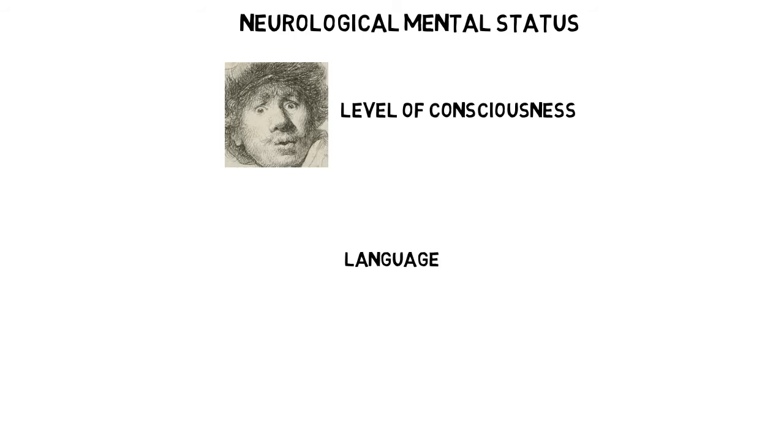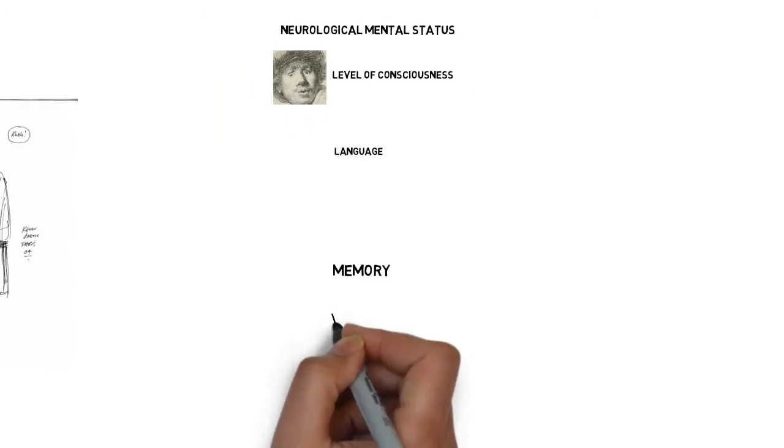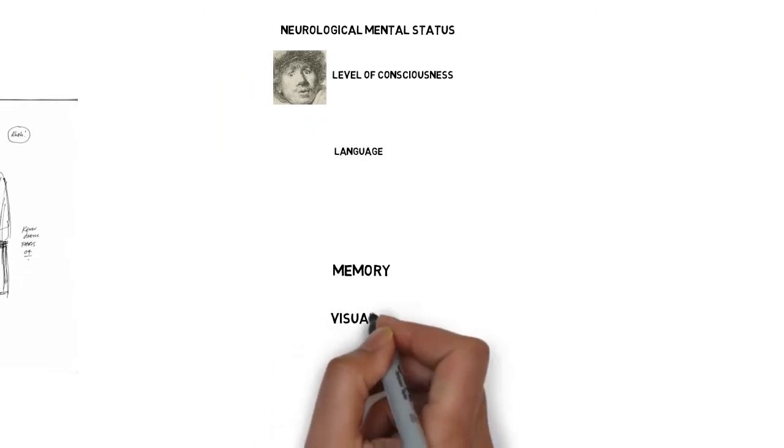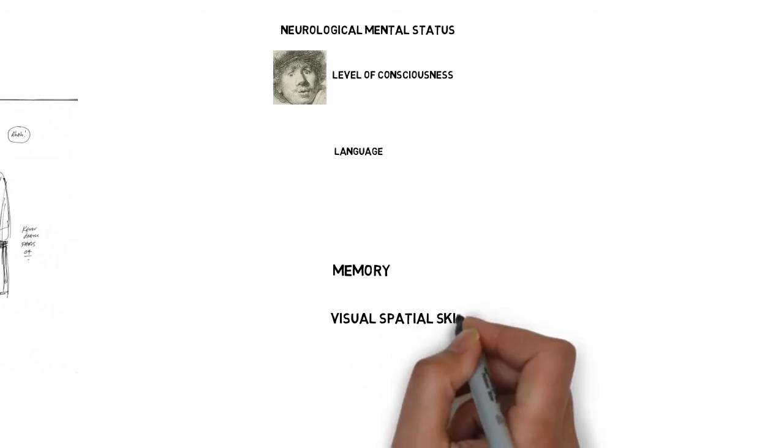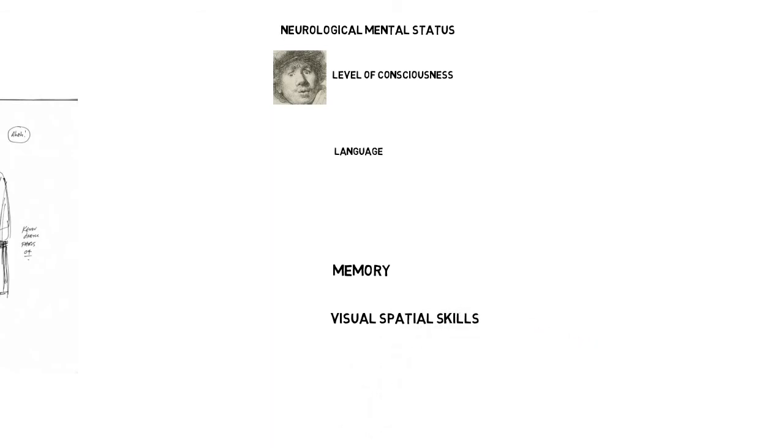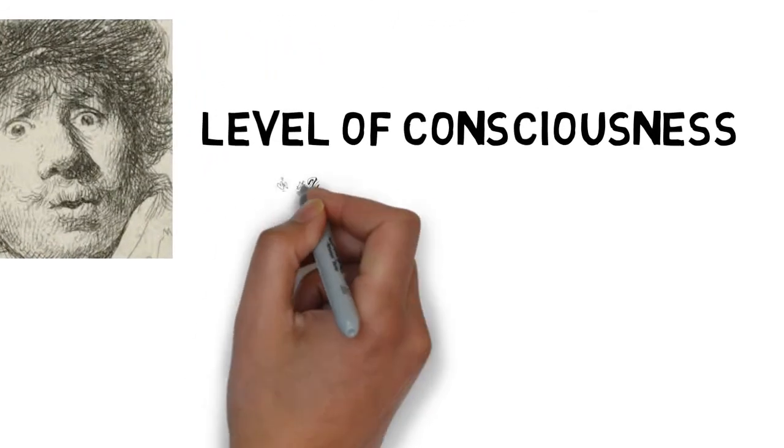And if there is a reasonable memory, then you can test the visual spatial skills. So ask them to define what is up, what is down, what is right, what is left, what is part of you, and what is extrapersonal, what is me and what is not me. If they can come away with that, then you've done a pretty good job.